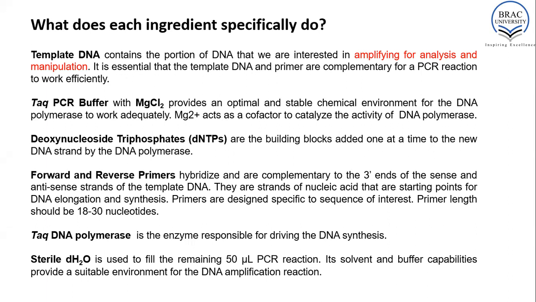And for polymerase, definitely we need a thermostable polymerase, and Taq DNA polymerase is commonly used in the PCR reaction. But other polymerases are also used, depending on how fine or high-fidelity a PCR product you are looking for, and the ability to synthesize a large DNA fragment.